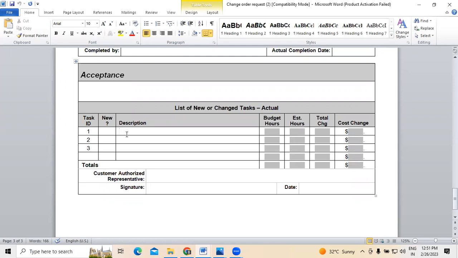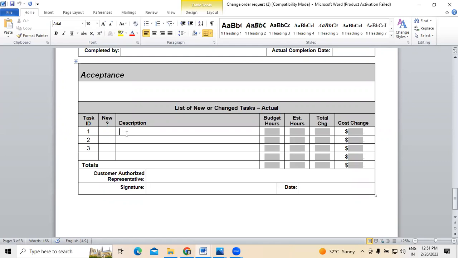So whenever changes happen in any project, once the project document was closed and frozen, from there onwards, whatever changes we make, this change order request form has to be prepared by the business analyst.